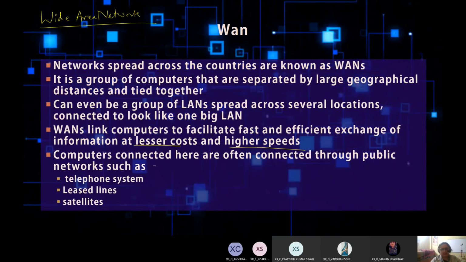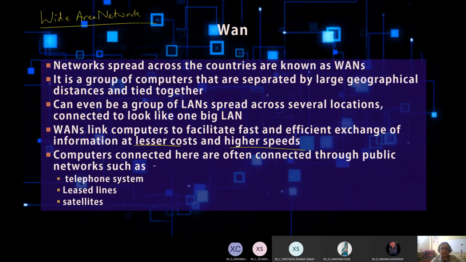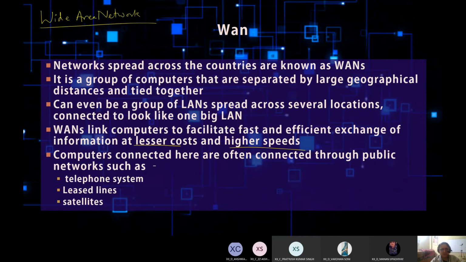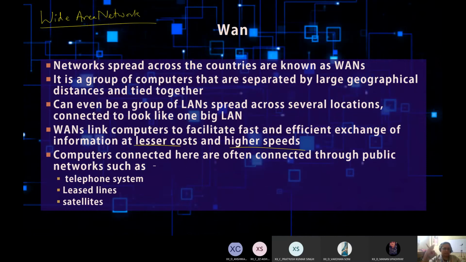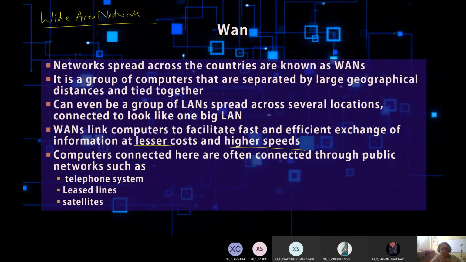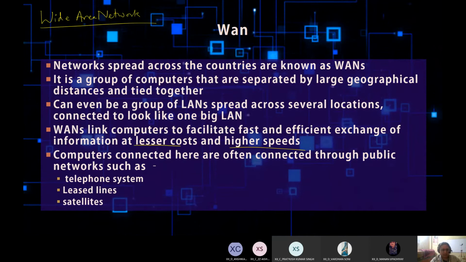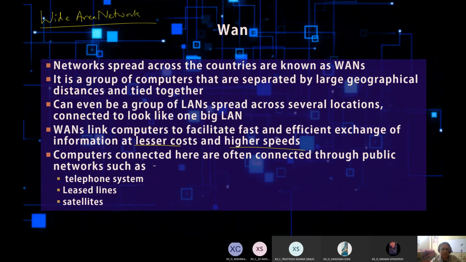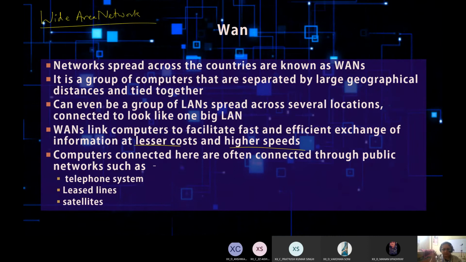So telephone system is the normal telephone lines which are spread by the telephone companies, which use large cables which either run above the ground through the towers, or through the poles, or they run through underground cables.